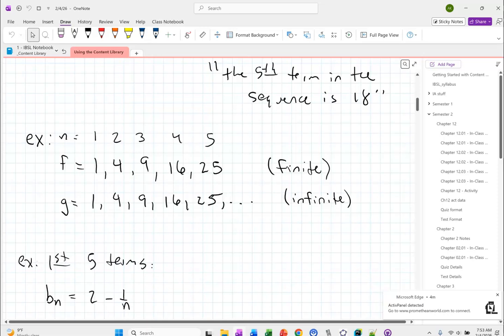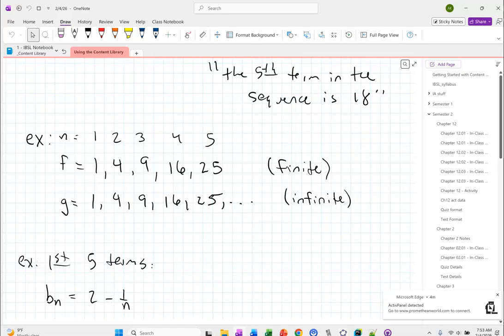Okay. So let's look at a couple of examples here. If I have my value for n, we're going to consider the first, second, third, fourth, and fifth terms. I could describe a sequence f as the value of those first 5 terms: 1, 4, 9, 16, 25, and notice that it stops there.